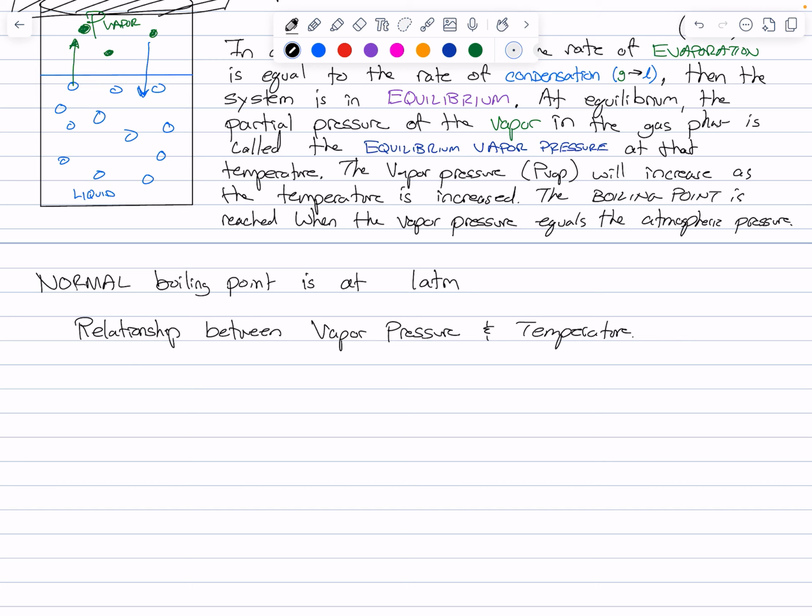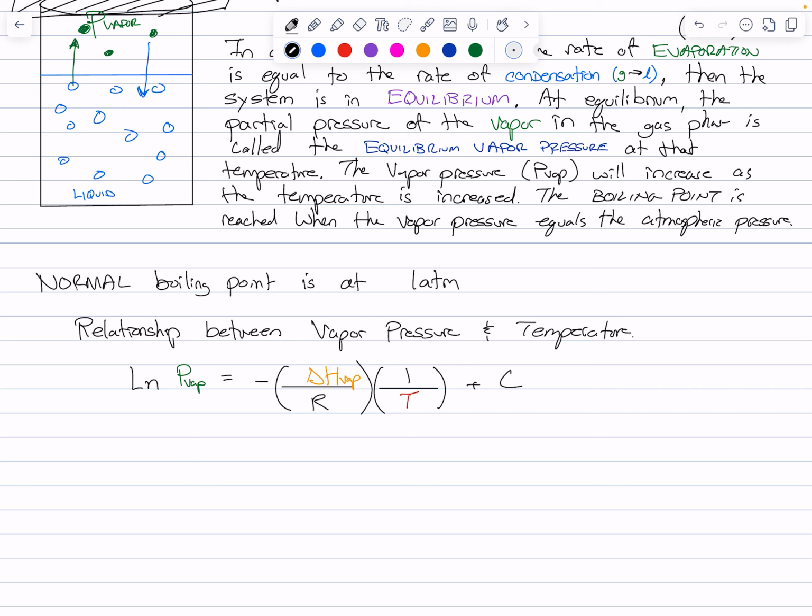First one: the natural log of the vapor pressure is equal to negative delta H over R, the heat of vaporization over R, times 1 over T, plus C. So now that's a y equals mx plus b format, where 1 over T is the x. So we're seeing how vapor pressure depends on temperature, okay?